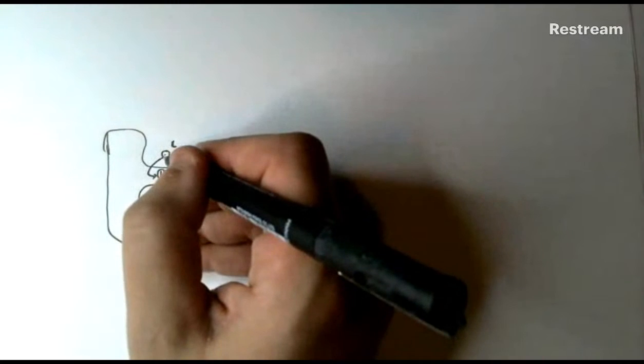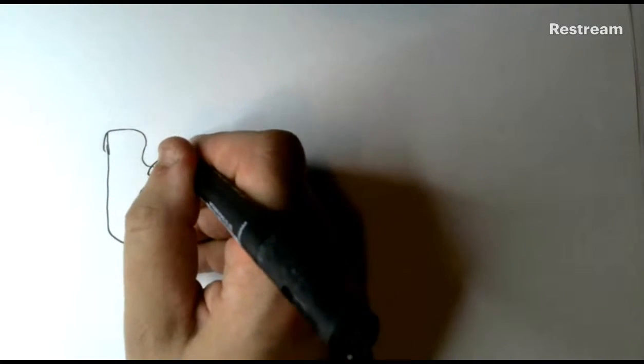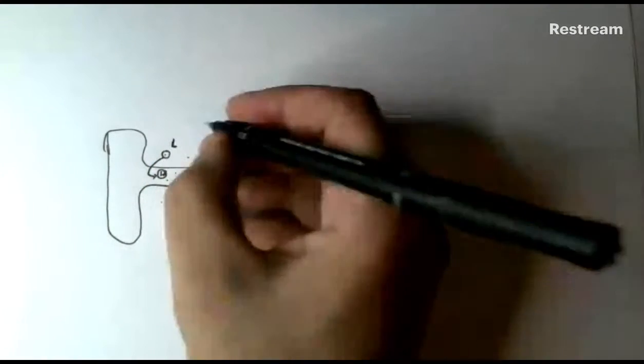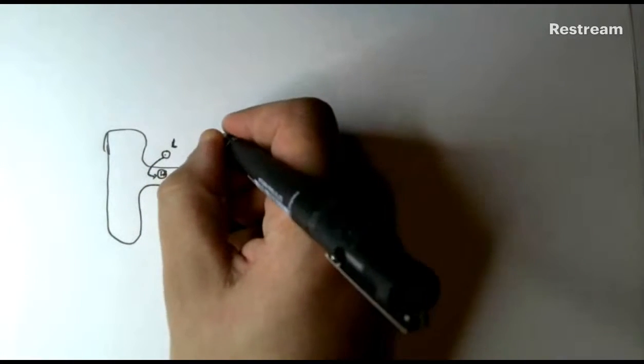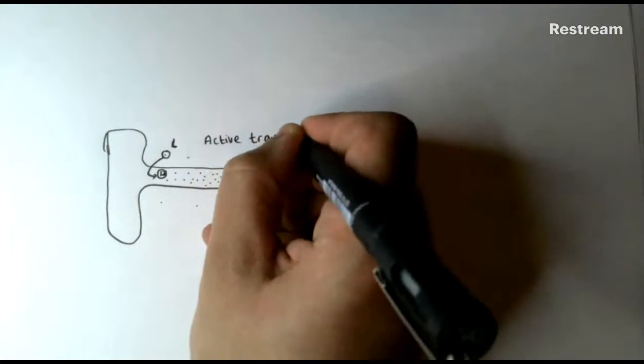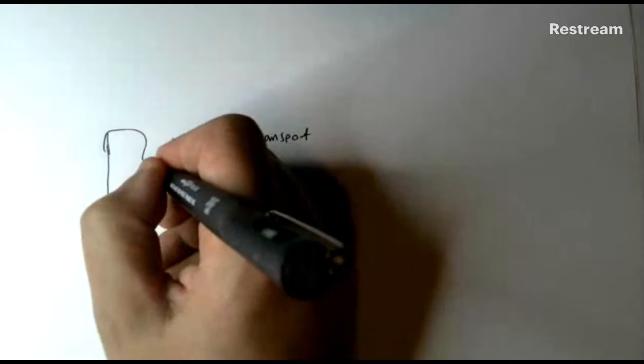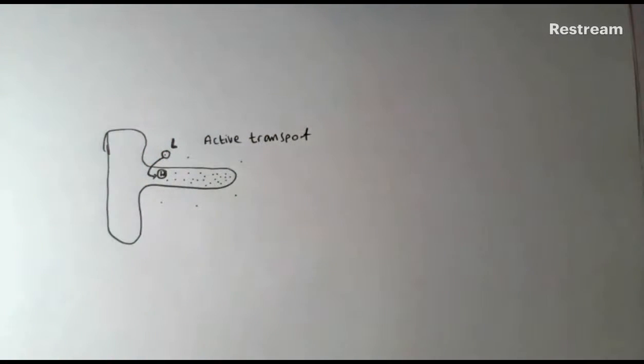So how does the root transport mineral ions from a low to high concentration? Well, that's going to be via active transport. So mineral ions are actively transported from a low to high concentration.